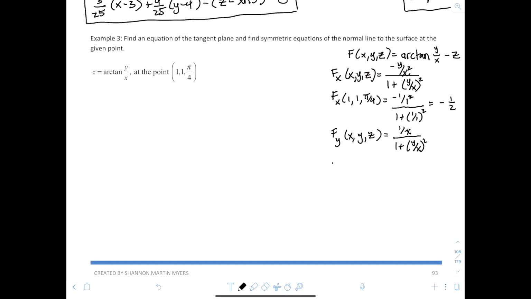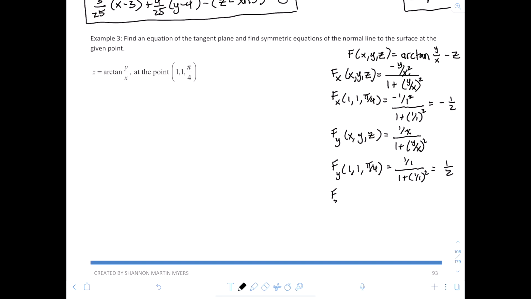And so then plugging in the values (1, 1, pi over 4), we will have 1 over 1 plus 1 over 1 squared, which is again going to be 1/2.